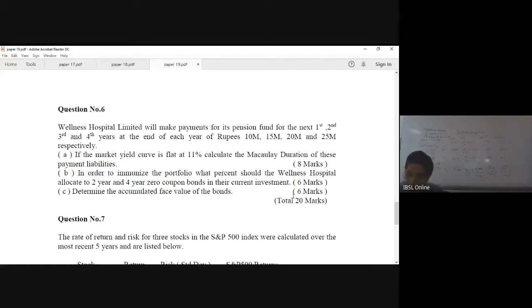So the present value of the 2-year bonds would be 52.275 into 0.63. So 32.93 would be the present value of 2-year bonds.